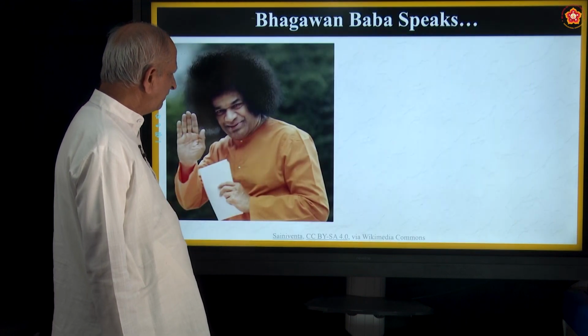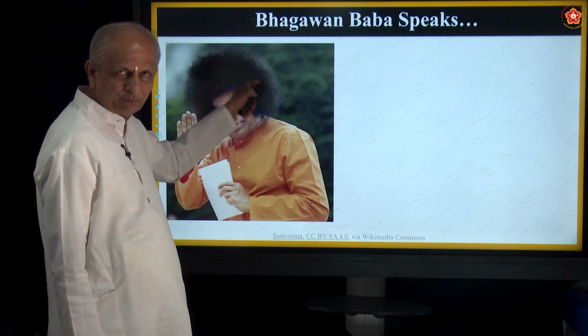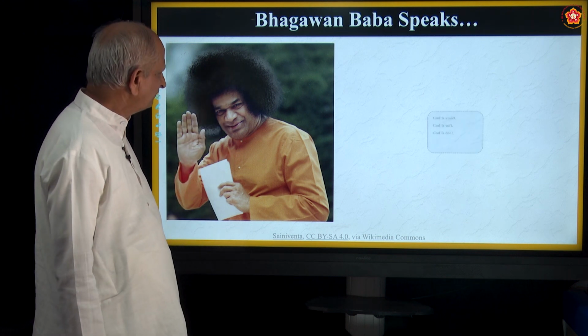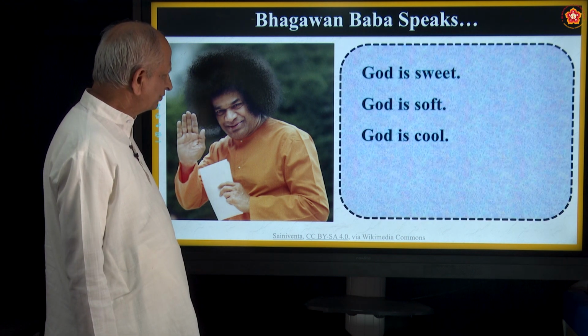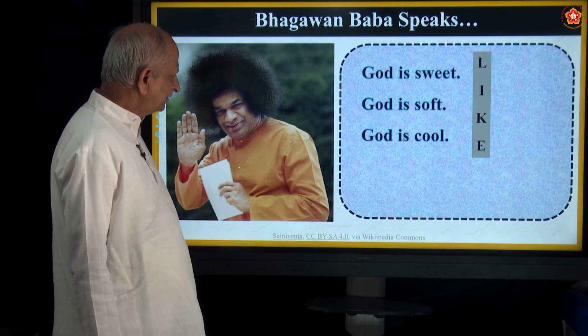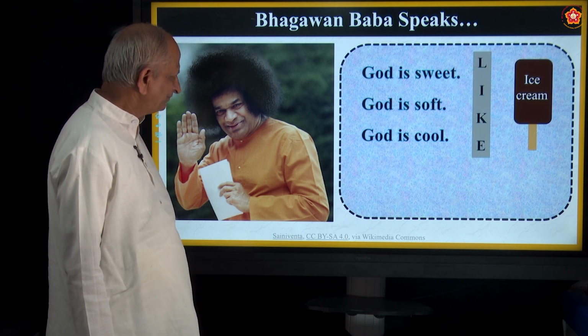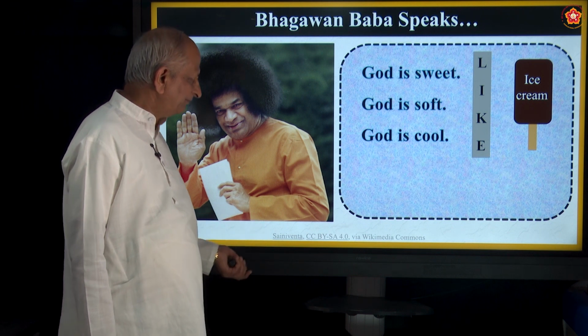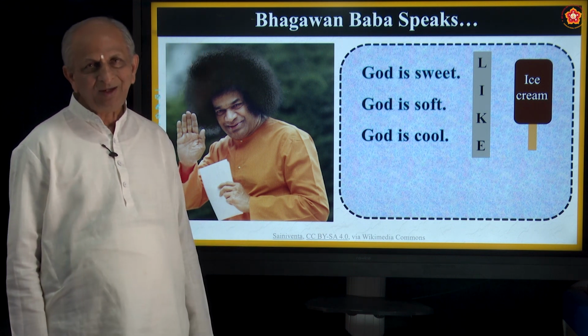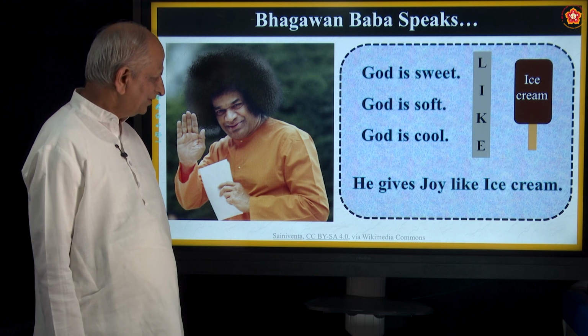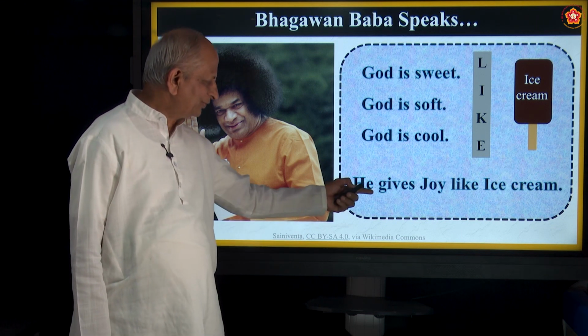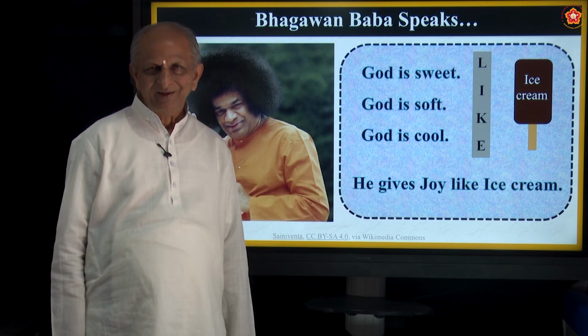Now let us see what Bhagavan Baba says. See the beautiful form of Bhagavan Baba. So God is sweet like ice cream, soft like ice cream, cool like ice cream. So what does he do? He gives joy. What is joy? Name of an ice cream.